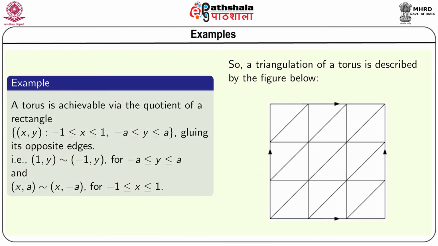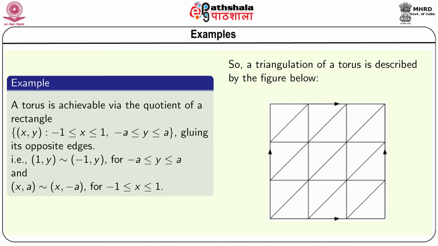The next example gives a triangulation of a torus. Suppose a torus is given. Torus is nothing but a rectangle with the identification described here as the left edge is identified with the right edge and the top edge is identified with the lower edge.